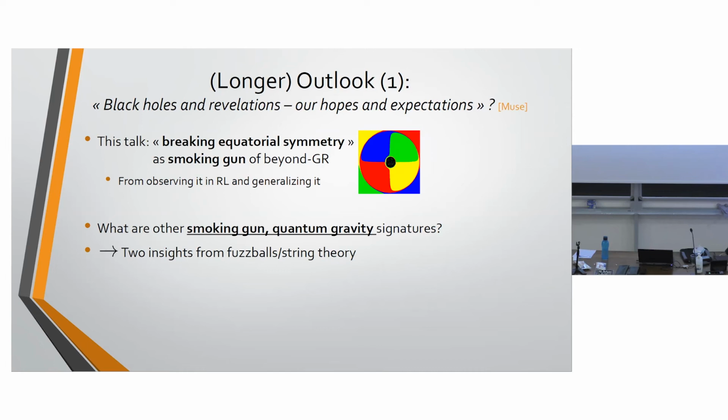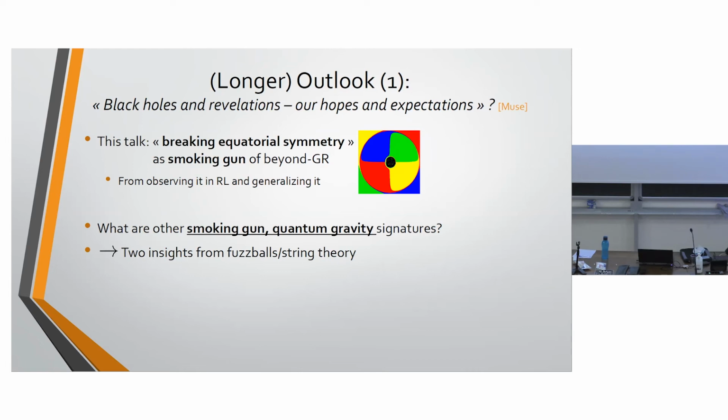And so I think this is a general thing that I would like to do: to take signatures that you see from quantum gravity, from string theory, from fuzzballs, and try to isolate whatever universal feature you can, and use this as some phenomenological input, right? That you may not think of otherwise if you just start from GR and you ask yourself what could happen.